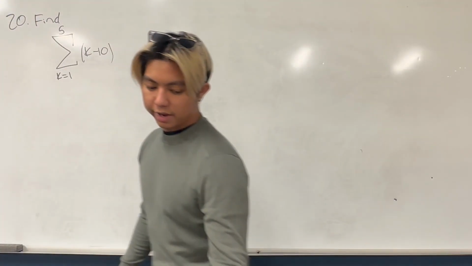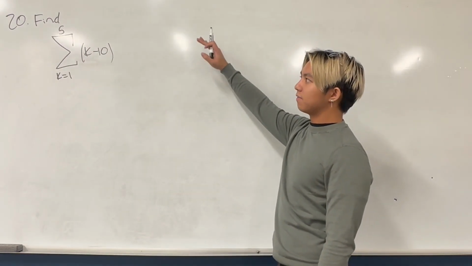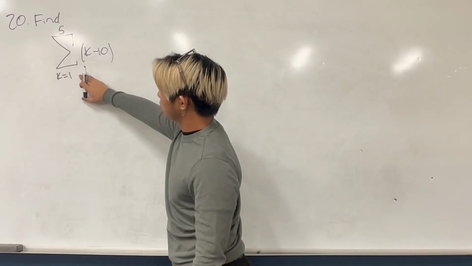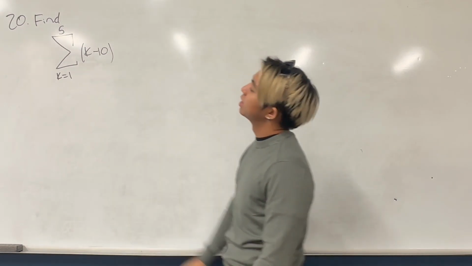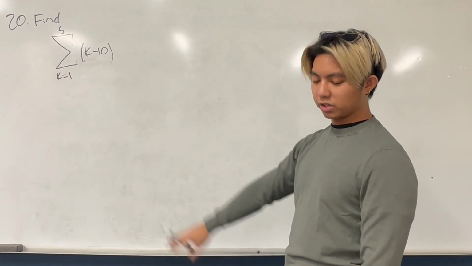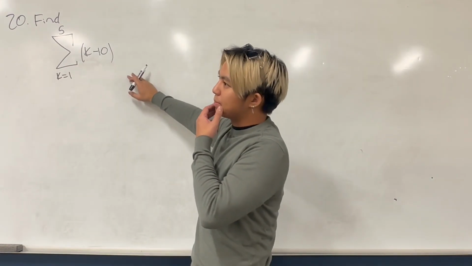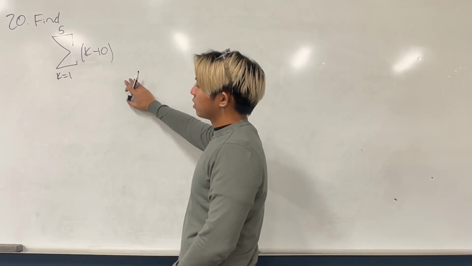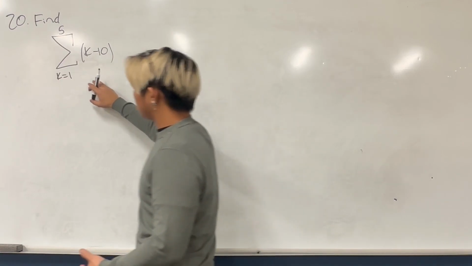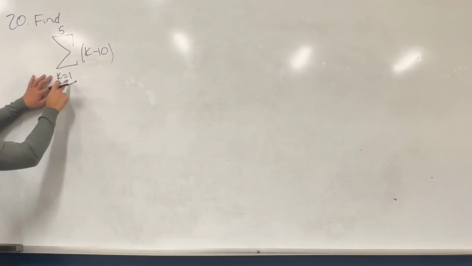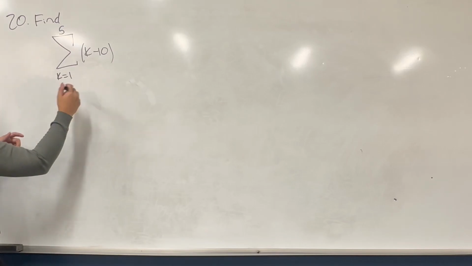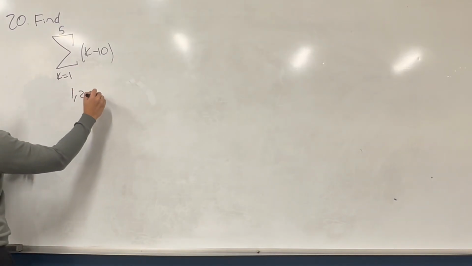Okay, so for question 20, we have find the summation from 1 to 5 of k minus 10. I know those are intimidating, a giant sigma with a bunch of numbers. What this means is that we want to find the sum of all of these values. So we plug in from 1 to 5: 1, 2, 3, 4, and 5.